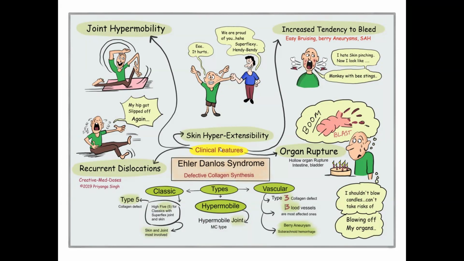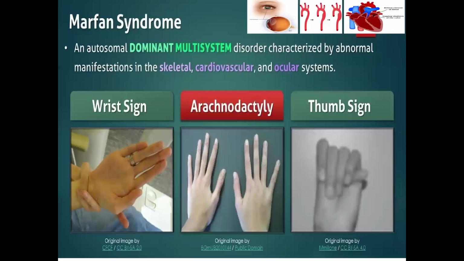Now, Ehlers-Danlos is a very complex disease, and there are at least 13 subtypes of Ehlers-Danlos syndrome, and it's characterized by skin hyperextensibility, joint hypermobility, recurrent dislocations, organ rupture, increased tendency to bleed, and as I said, there are at least 13 different types of Ehlers-Danlos syndrome.